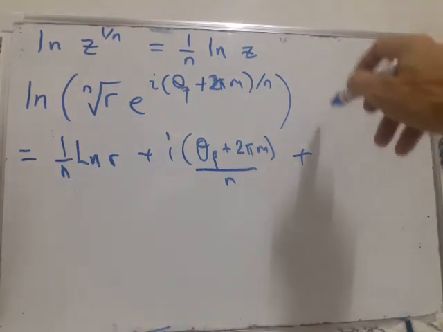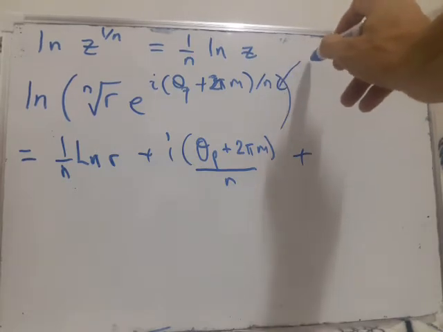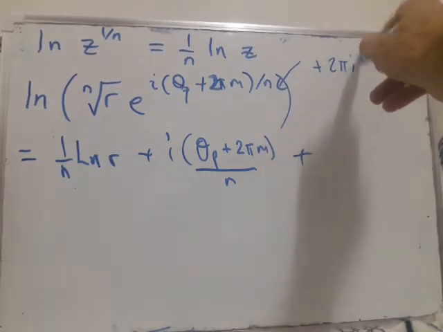So we'll just write that down there. If you like, we could have put that here, another plus 2 pi i p.